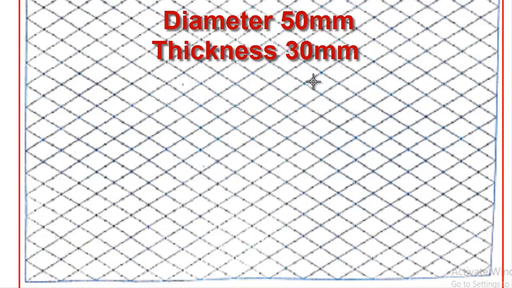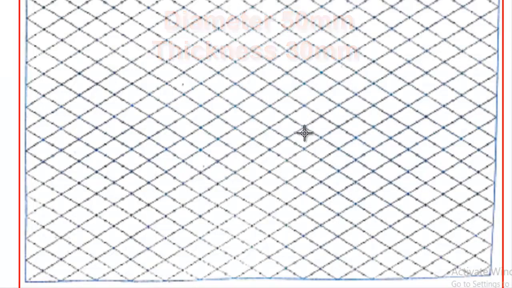Okay, let me start. Once we get the dimensions, we need to take the diameter first. Whatever diameter they give, we need to make a square frame for it. The diameter is 50, so we will take a 50 mm square frame, like 0, 1, 2, 3, 4 and 5.